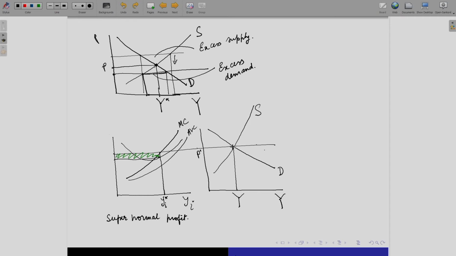Okay, at this equilibrium price which we have attained where market demand is equal to market supply, amount demanded is equal to amount supplied in the market. Okay, this. Or in case suppose our market is of this nature.